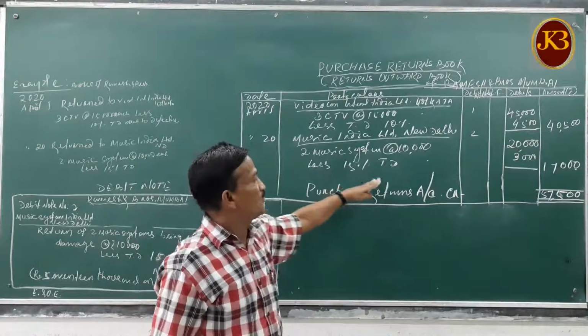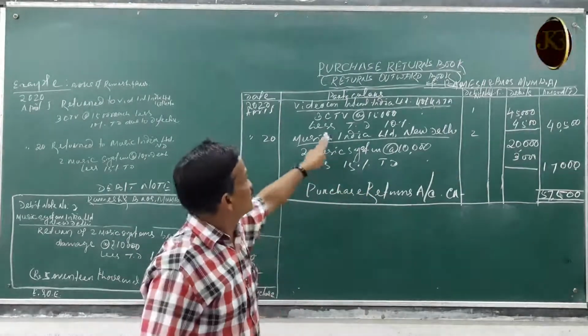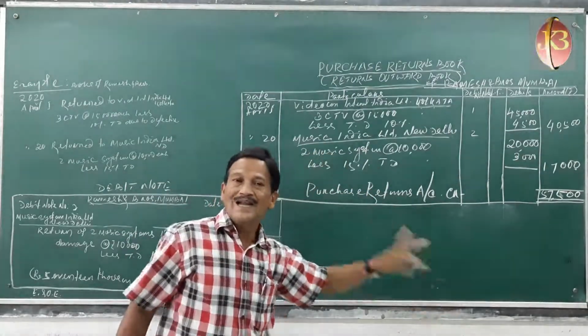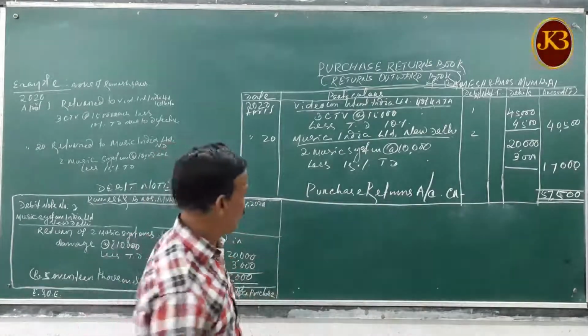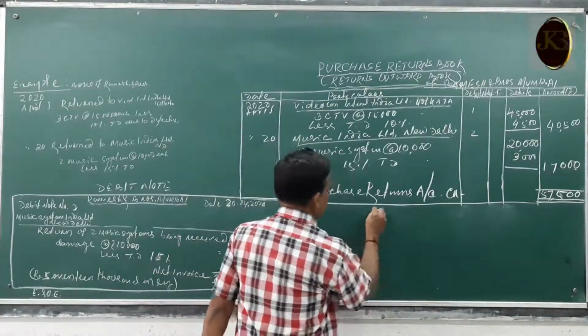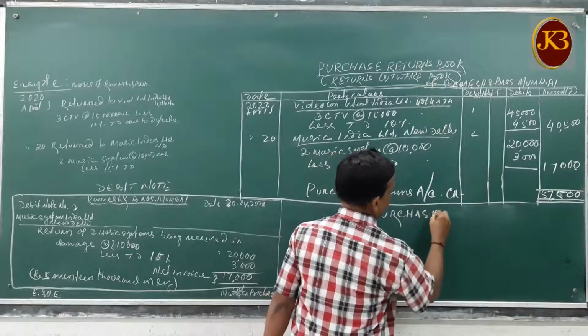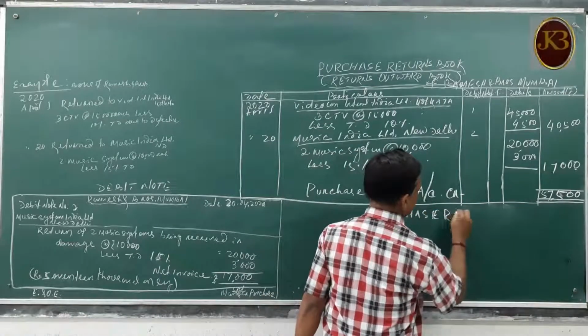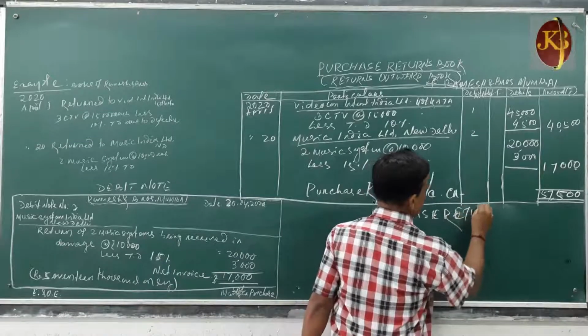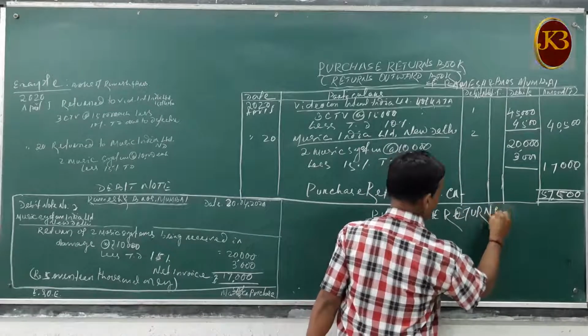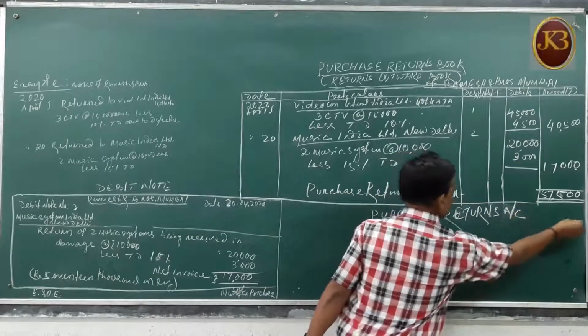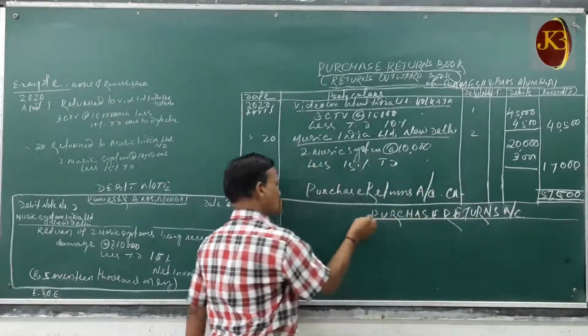So now comes the posting, from the purchase return book to the ledger posting. How will you post into the ledger? So this is the purchase returns account.